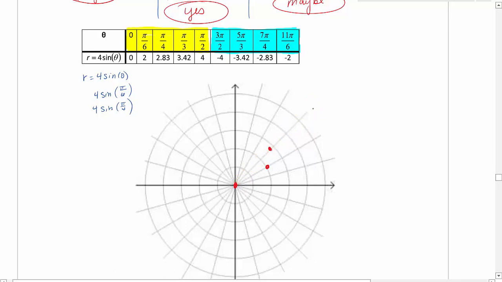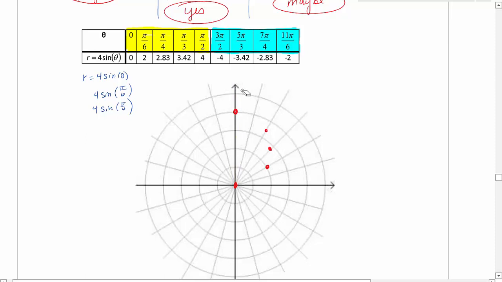Our next angle, pi over 3. Right here. We're going 3.42 rings out. And then the last one for our first quadrant there, pi over 2. And we're going 4 rings out. Great.